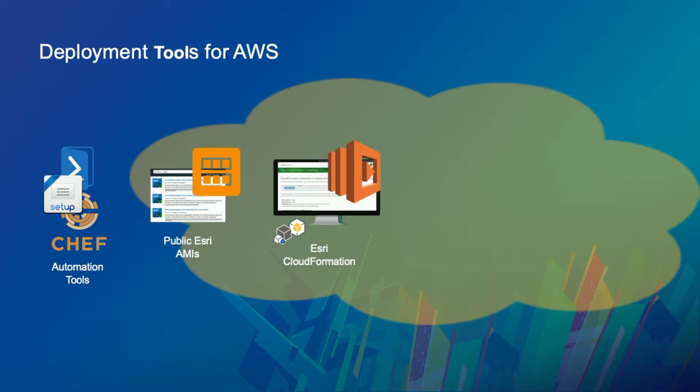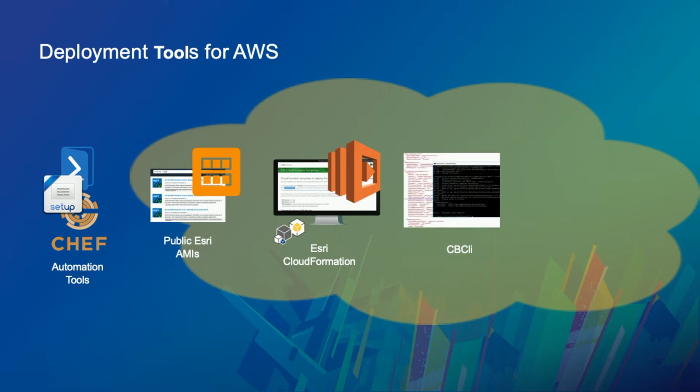Each stack creates an ArcGIS base enterprise, either HA or single server. And at 10.6, we released the Cloud Builder CLI, the Cloud Builder command line interface, which takes a property file and deploys the whole infrastructure, base enterprise plus federated servers, in one command.